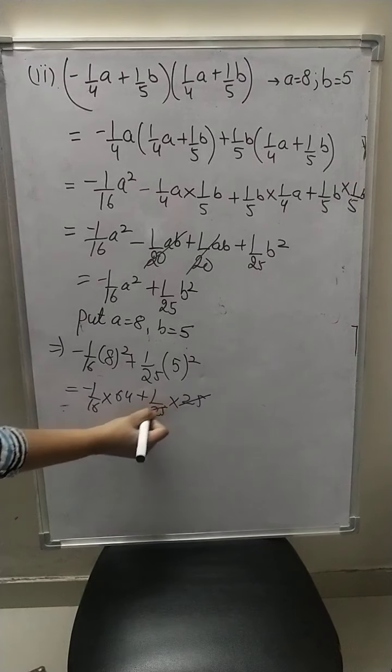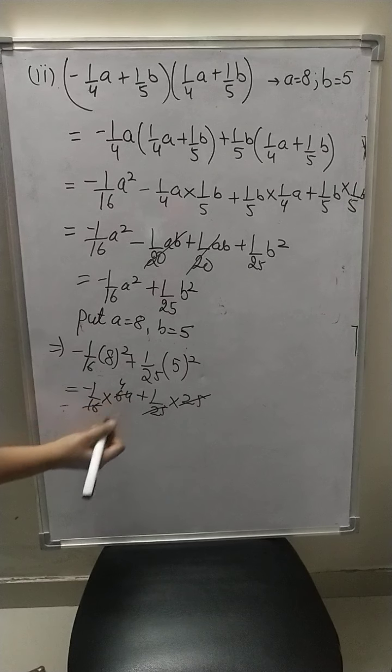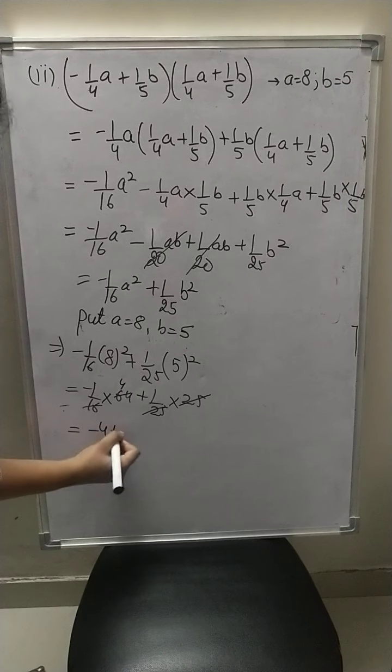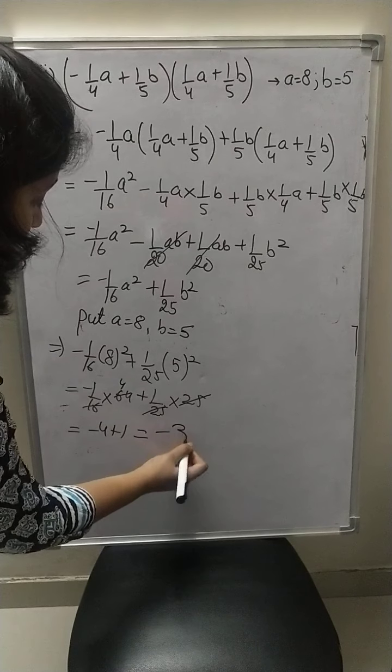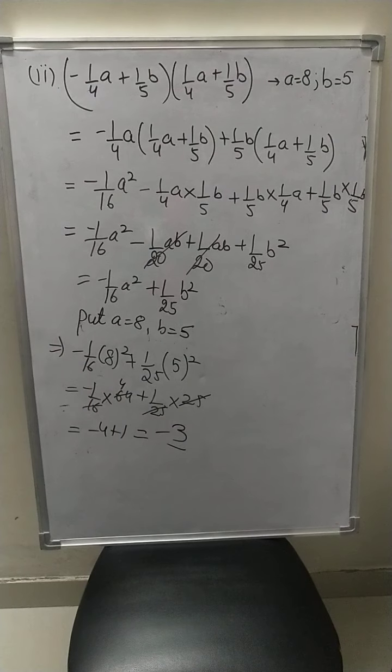So 25 and 25 will cancel and this is 4. So I get minus 4 plus 1 and the answer will come out to be minus 3. Clear? I hope this is also clear.